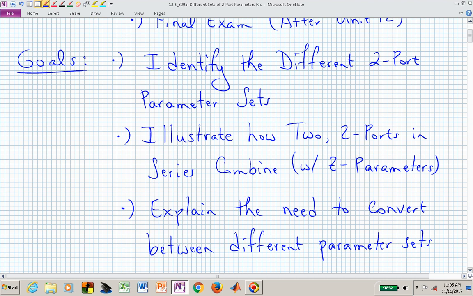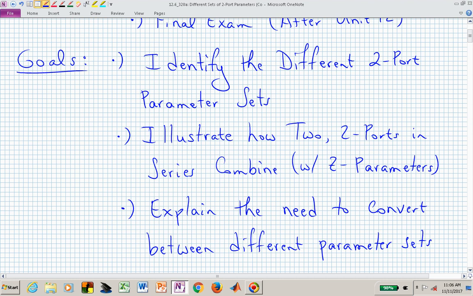So our goals first are to essentially convince ourselves that we do have different two-port parameter sets. Where do those come from, and what can we call those, or how can we label those? We'll then illustrate one way of combining two different two-ports into one by means of a series combination.